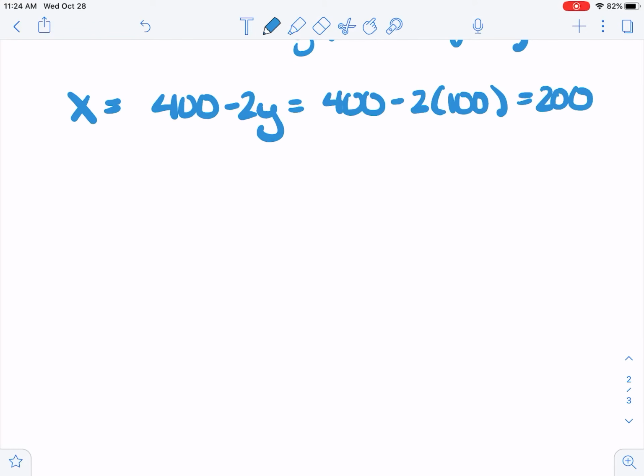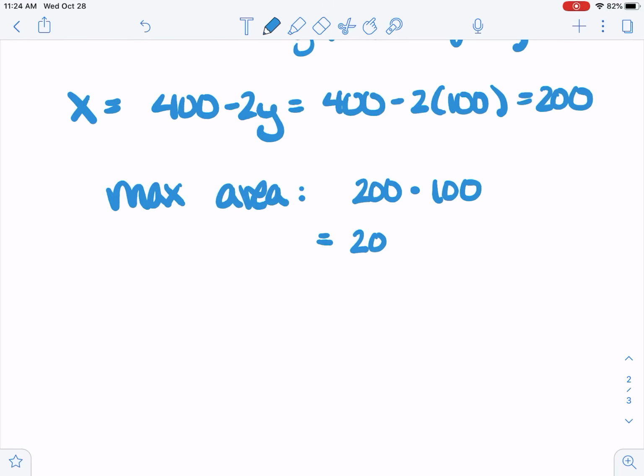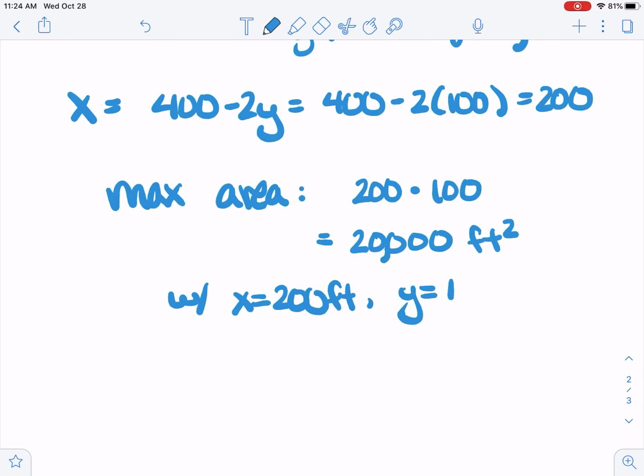So the maximum area is 200 times 100 square feet. So that's 20,000 square feet with x equals 200 feet and y equals 100 feet. And that is our answer.